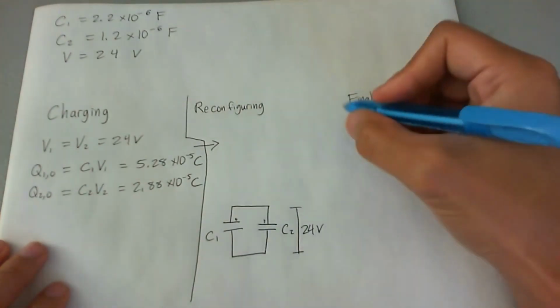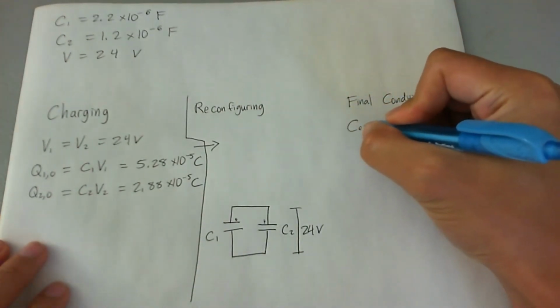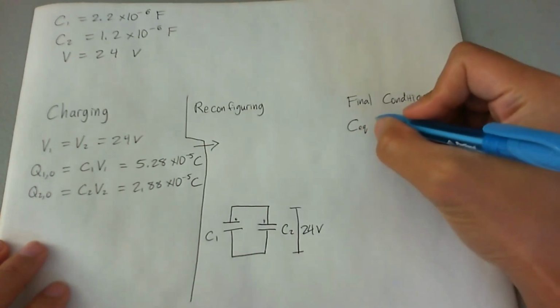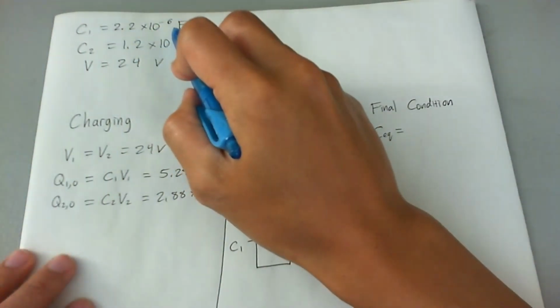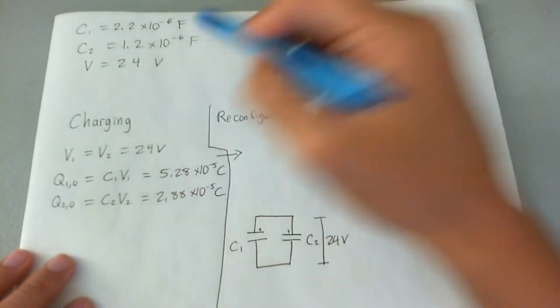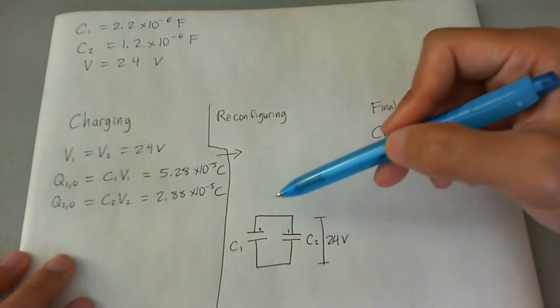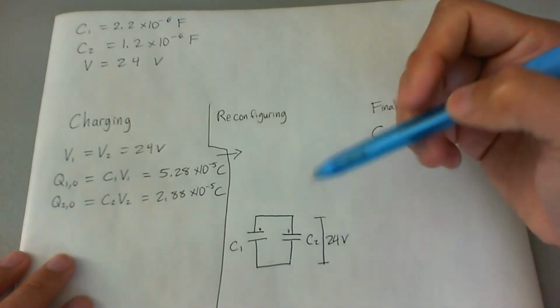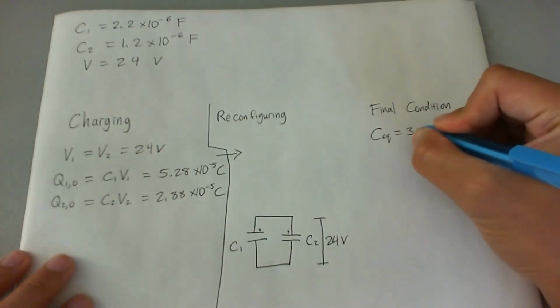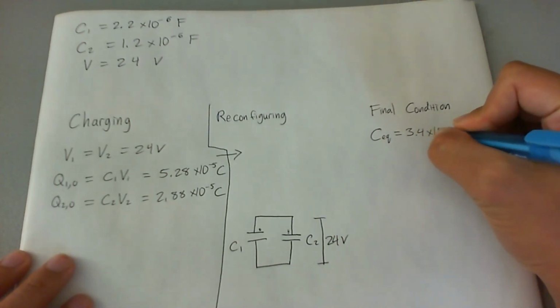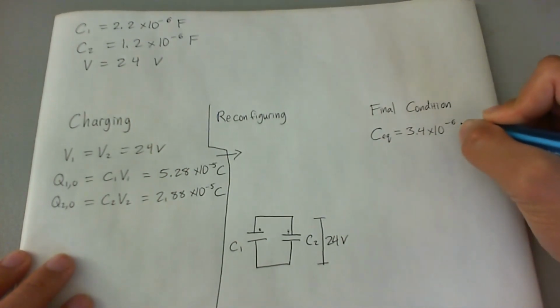First of all, the equivalent capacitance for two capacitors in parallel is going to be this capacitance plus this capacitance. So remember, in capacitor terms, parallel means you add the capacitances. That ends up being 3.4 times 10 to the negative 6 farad.